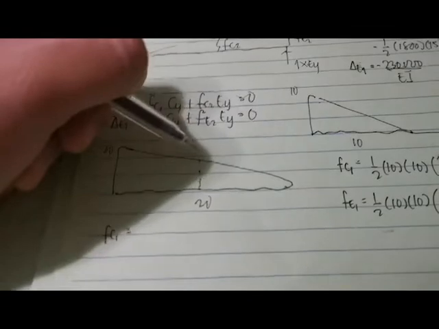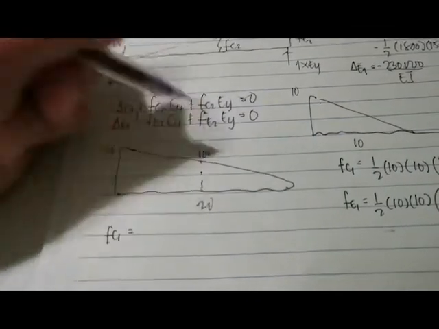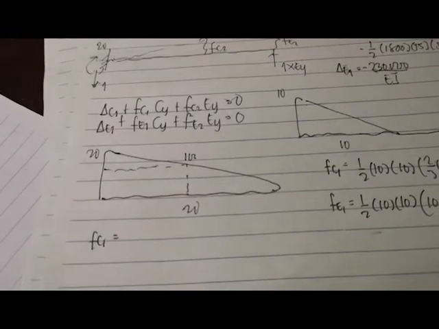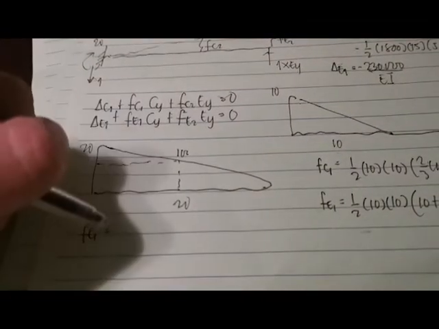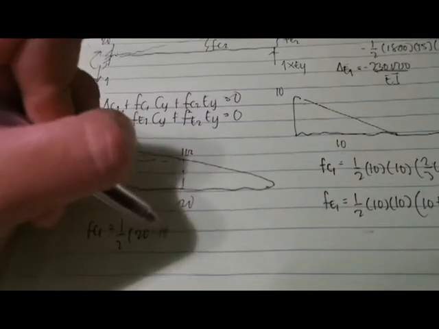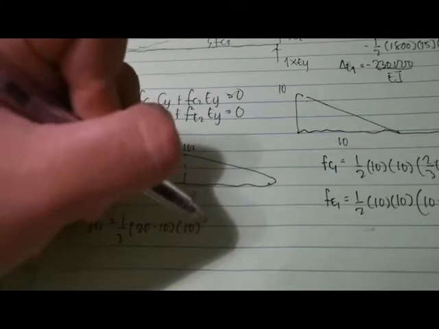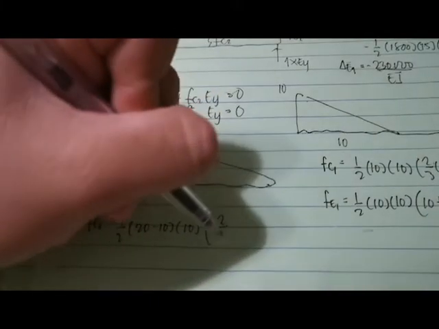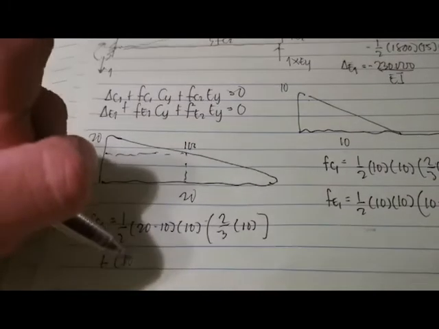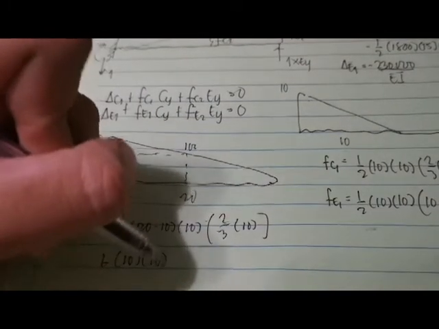If this is 20, I assume this will become 10, and we can separate it into a triangle and a rectangle. No, so this will become 1/2 times 20 minus 10 times 10 times 2/3 of 10 plus 10 times 10 times 5.